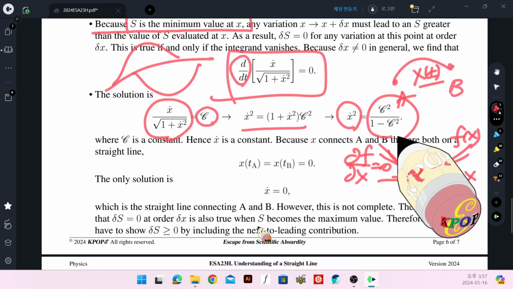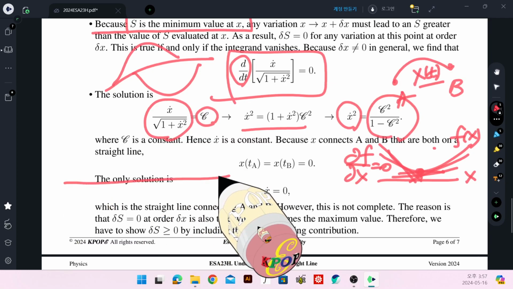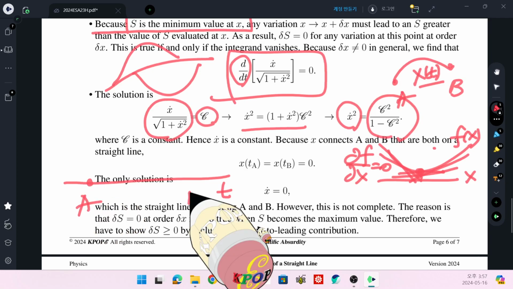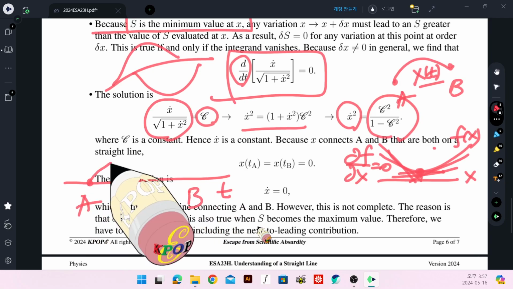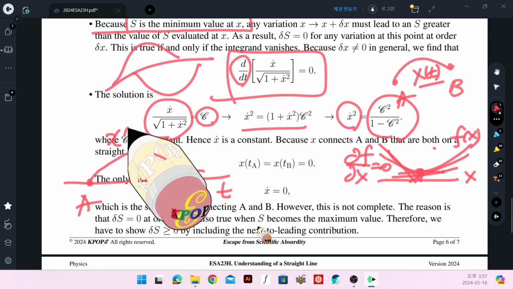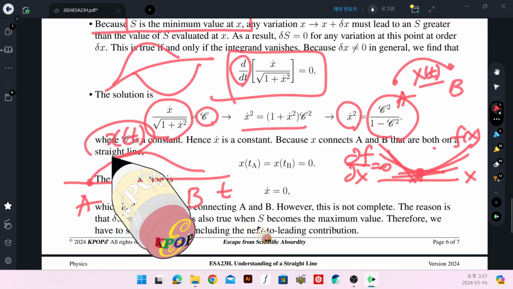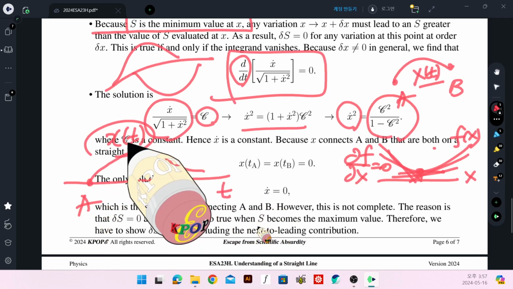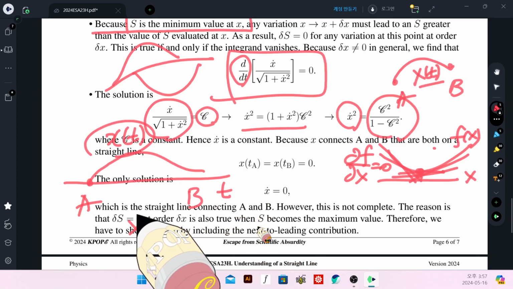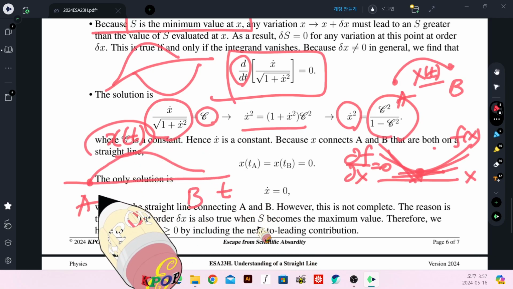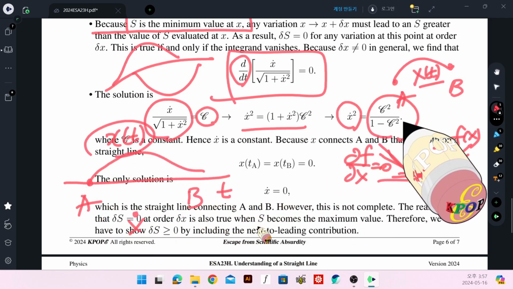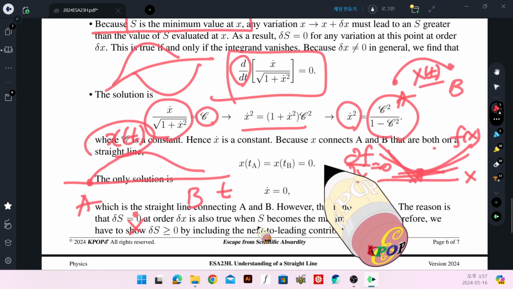What is x dot? t connects A and B, and this x of t represents a curve, but the first order time derivative of this path is what? Constant.